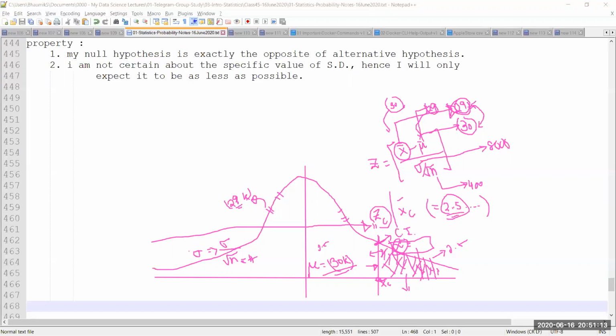And usually, and this is a general practice, if I would like to accept or reject any hypothesis, my confidence interval must be 95%. Why?